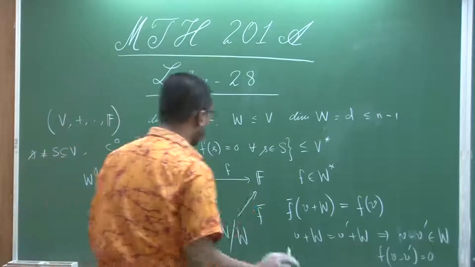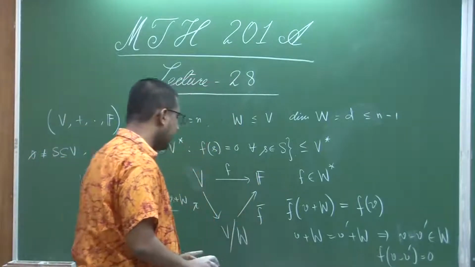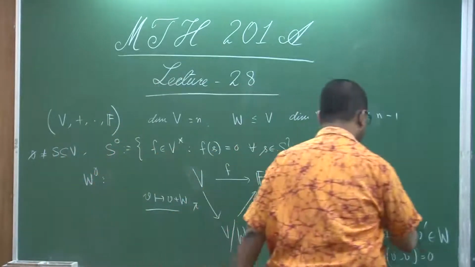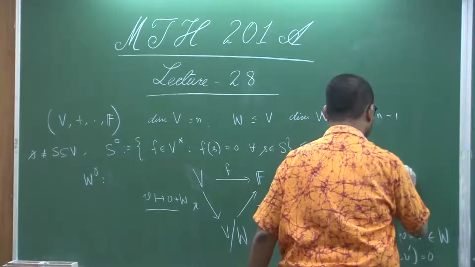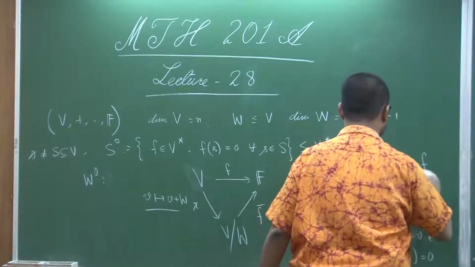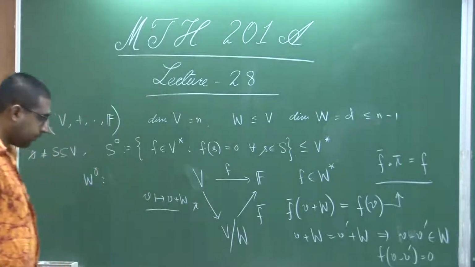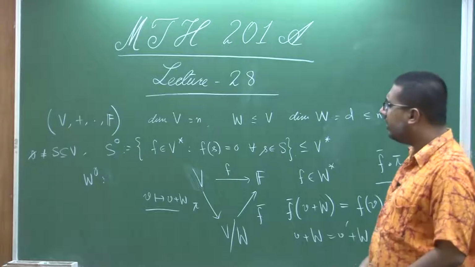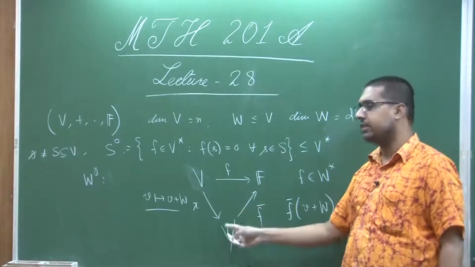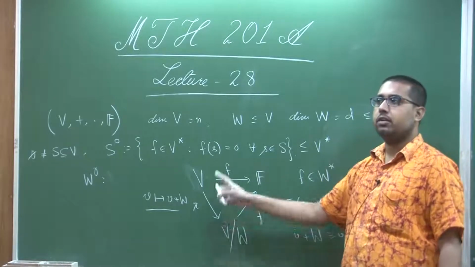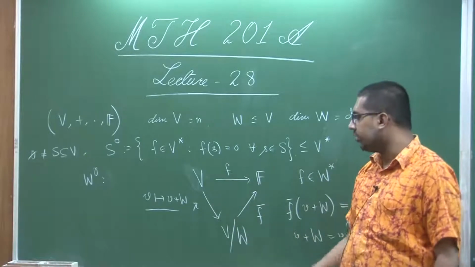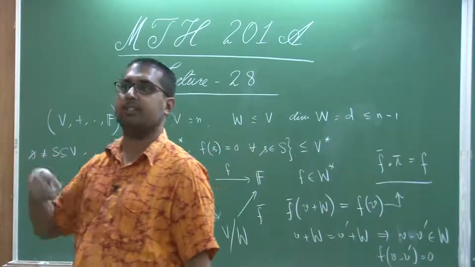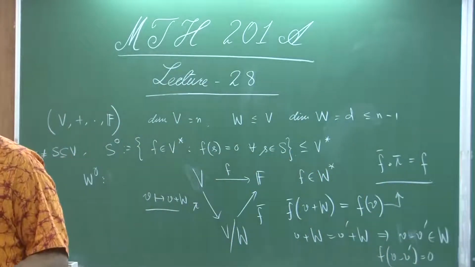So, therefore, from an f we get an f bar, and the way it is defined shows the following: f bar is a linear map such that f bar composed with phi is f. Well, the remark which I want to make here is, earlier while dealing with the first isomorphism theorem, we were considering quotients only by the kernel, but here W may not be the kernel of f; it may be a subspace of the kernel of f.